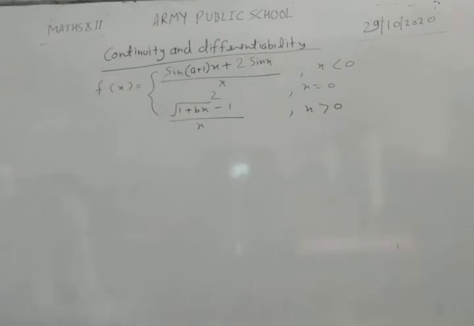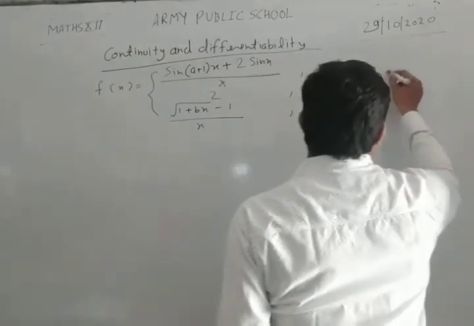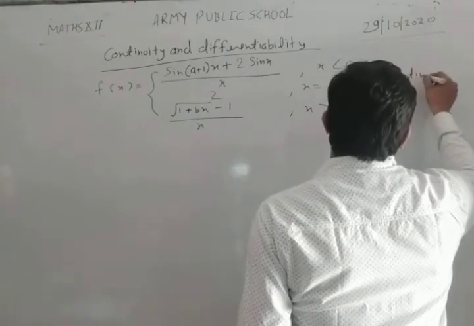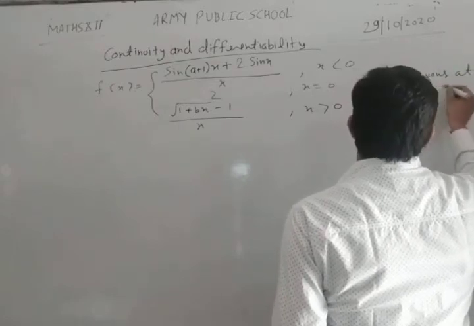We are given f(x) as sin((a plus 1)x) plus 2 sin x by x, and 2 for x equal to 0, and (under root 1 plus bx minus 1) by x when x is greater than 0. This is a continuous function at x equal to 0.